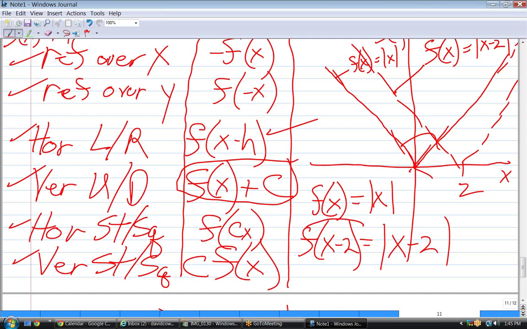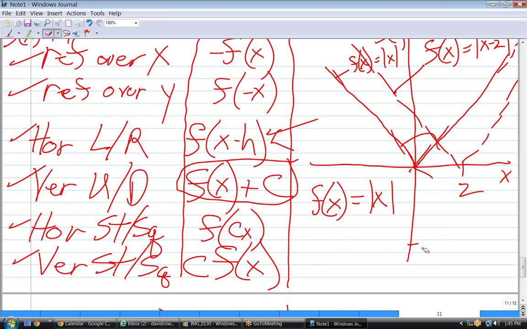Well, this is a horizontal translation because it fits that format, right? In other words, I've got the x minus 2 inside the parentheses, just like this. And it translates to this. That makes it a horizontal translation.